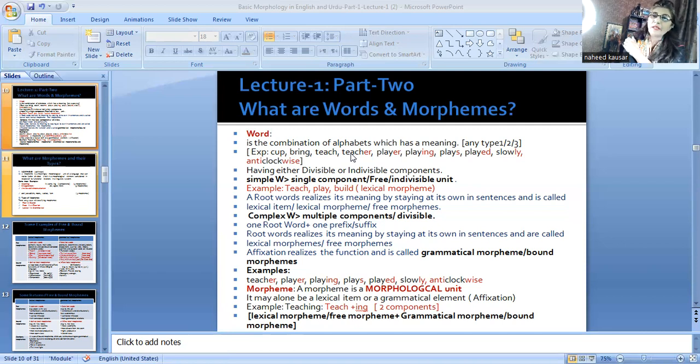Because if we consider this example with er, there are other morphemes also, in terms of suffixes and prefixes, which give new meaning to the root word or the stem or the main word or the autonomous word.